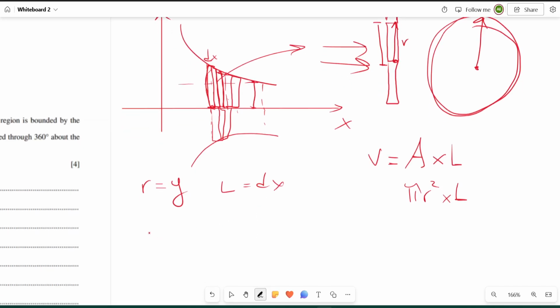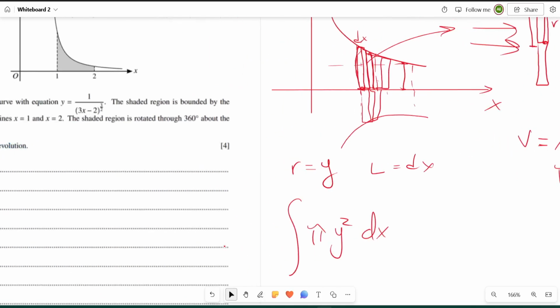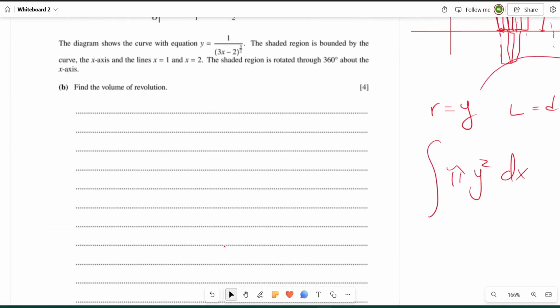So what we're going to do is add up, so integrate, all of these volumes of disks. One disk volume is going to be the area, which is pi times r squared. Instead of r, we know r is y, so y squared, multiplied by dx. So this is the equation that we're going to use to solve over here.